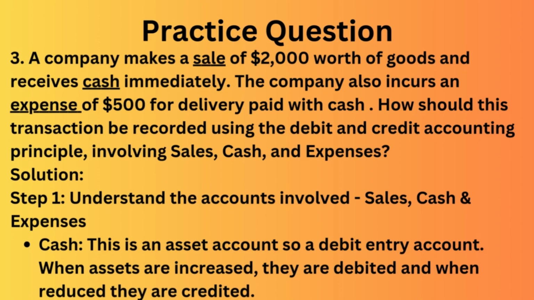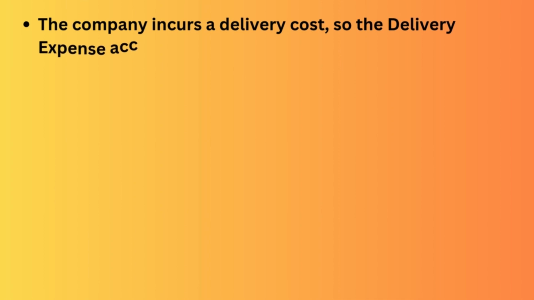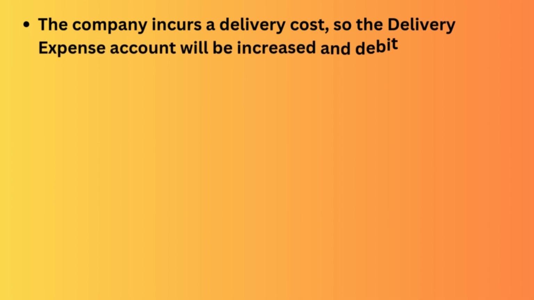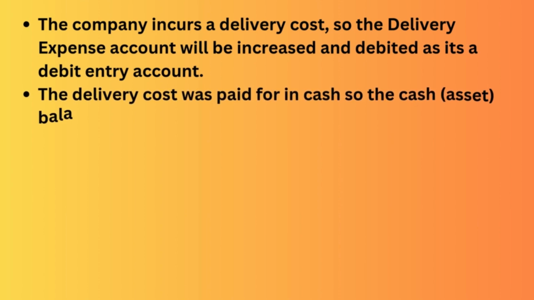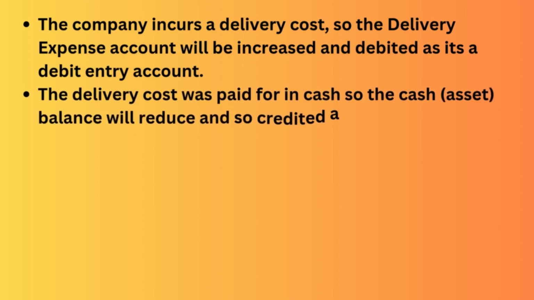And for a debit entry account, the point of increment and entry is on the debit side. Now, the company also incurs a delivery cost, which is the expense. And we know that expenses are debit entry accounts. And so the point of entry and increment is also on the debit side.